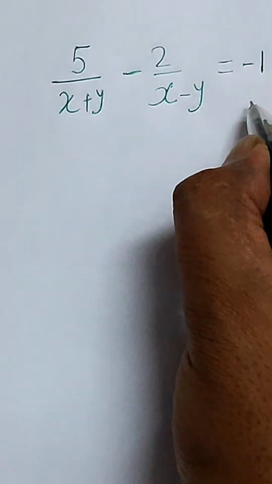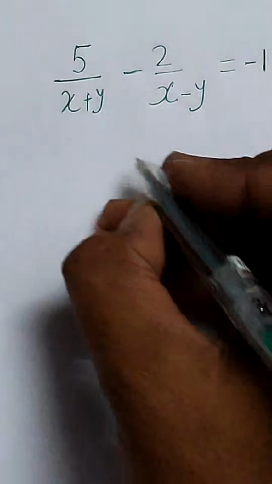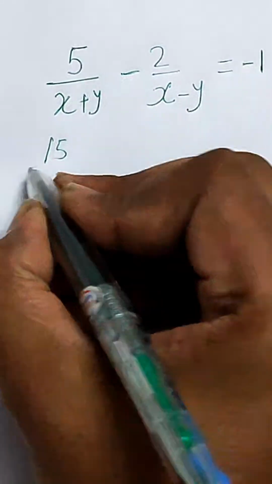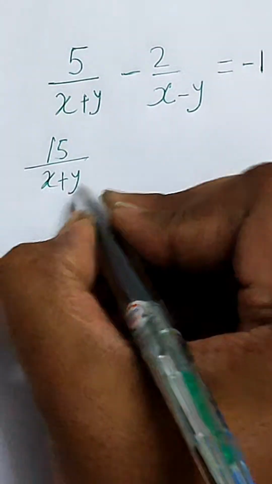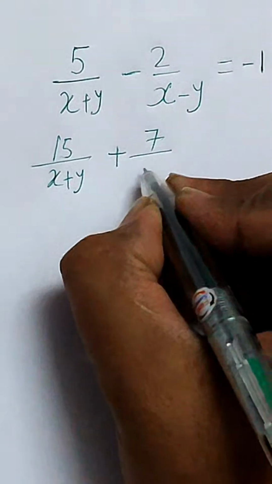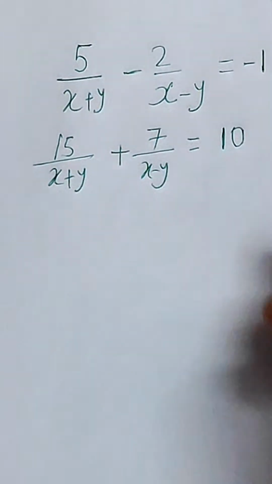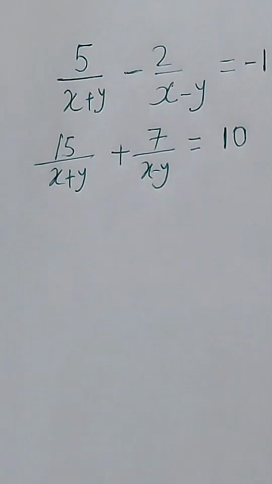This is the first equation. And the second equation is 15 by (x plus y) plus 7 by (x minus y) is equal to 10. This is the second equation with you.